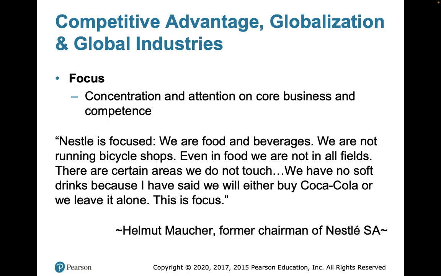A good one is Nestle, which is focused on food and beverages, and they have shops in most parts of the world, and there are certain areas which they do not operate in. It's very difficult for you to find a healthcare product or software that is produced by Nestle. And they do not produce soft drinks.